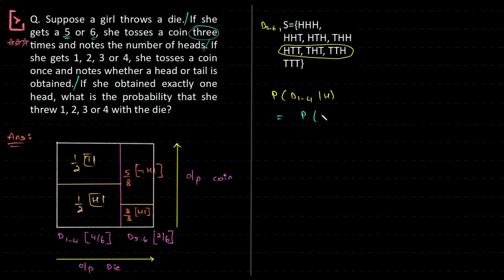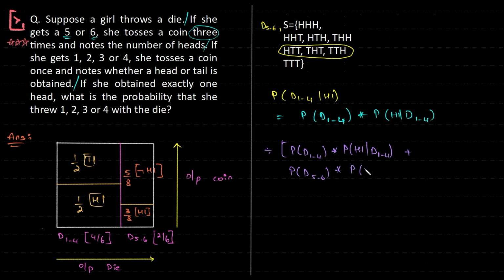So probability that we get an output of 1 to 4 in a die into probability that we get a head only once with this particular coin, not die, coin, divided by probability of getting 1 to 4 in a die into probability that we get a head only once, plus probability of getting 5 or 6 into probability of getting head once in this scenario.